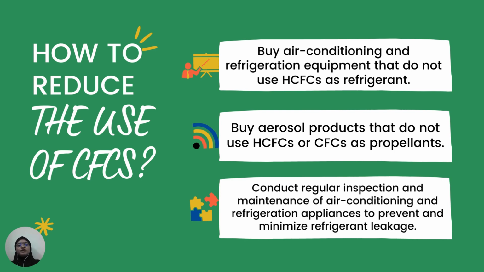If we can't find any air conditioning and refrigeration that does not use HCFC or CFCs as refrigerants, we can conduct regular inspection and maintenance of air conditioning and refrigeration appliances to prevent and minimize the refrigerant leakage. Sometimes we do not realize that the refrigerants leak, and because of that, the CFC will spread into the atmosphere.